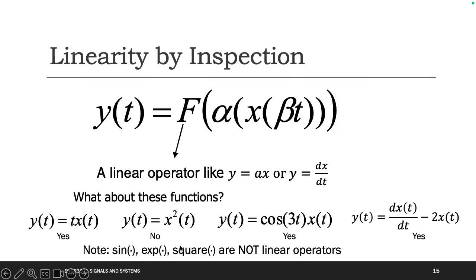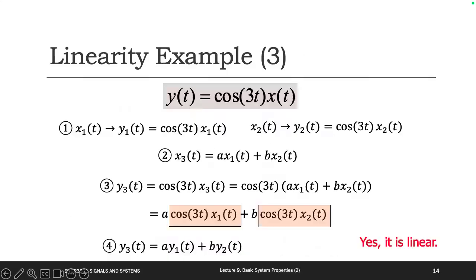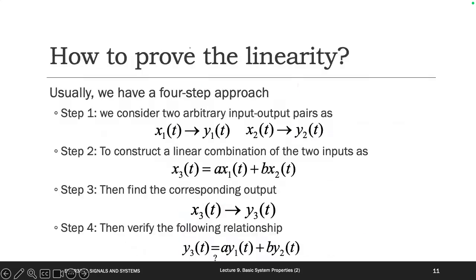You know that, am I right? So if you see this, it is not a linear system. But not all systems can use this rule. You need to use those four steps to verify whether the system is linear or not linear.